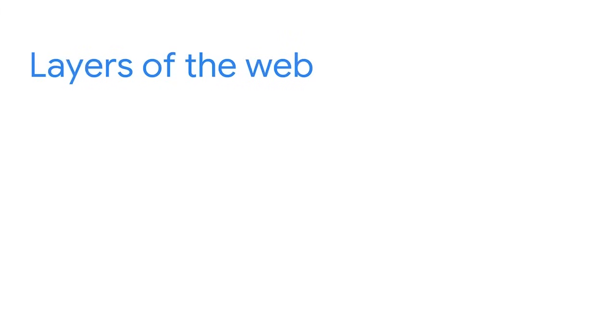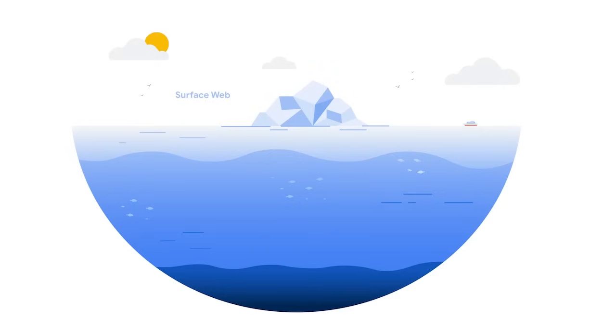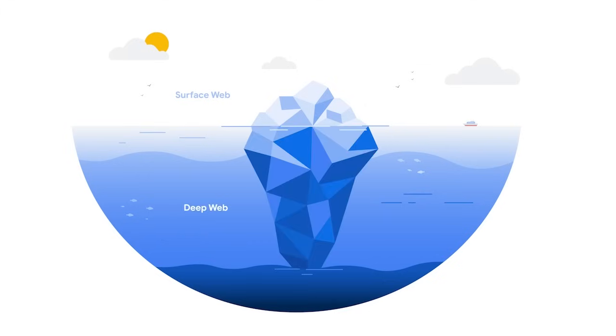The web is actually an interlinked network of online content that's made up of 3 layers: the surface web, the deep web, and the dark web. The surface web is the layer that most people use. It contains content that can be accessed using a web browser. The deep web generally requires authorization to access it.